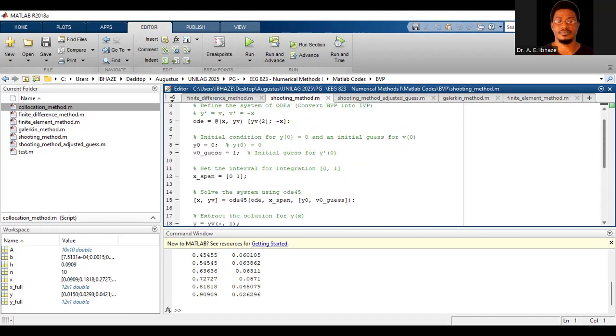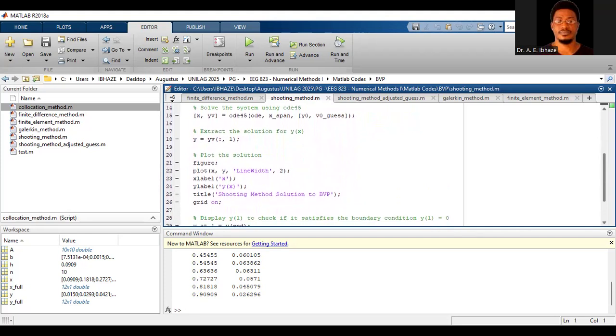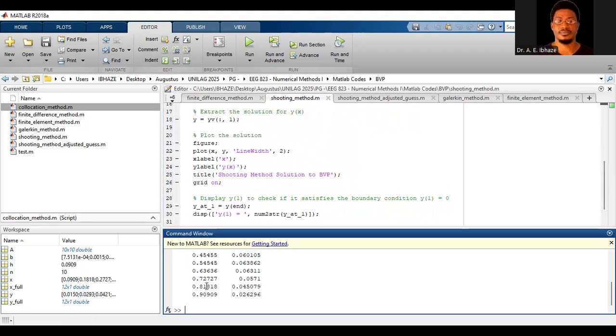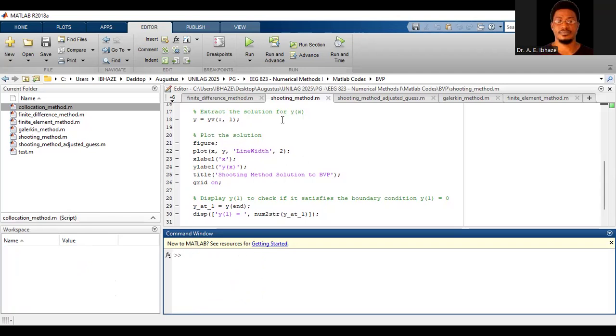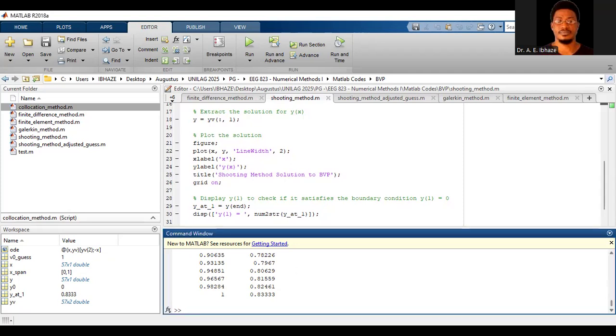So there we go. And then the system of equations is solved. Then we have this. In this case, let's clear this. So once we run this, once again, we have all of the points at different intervals.